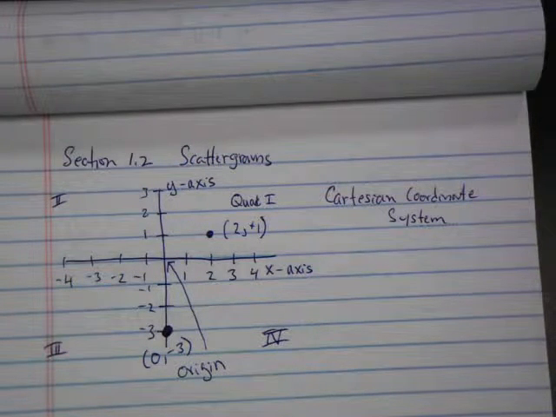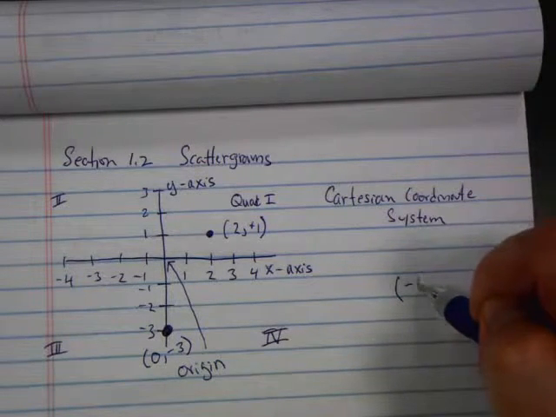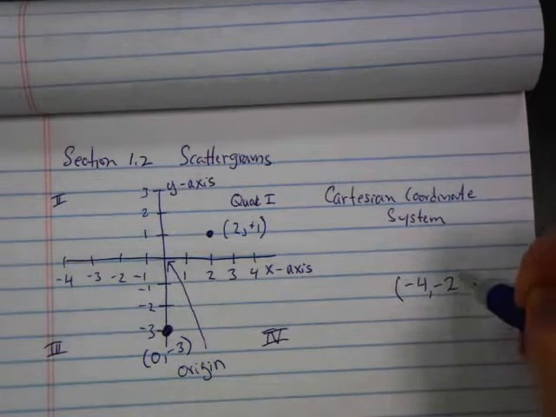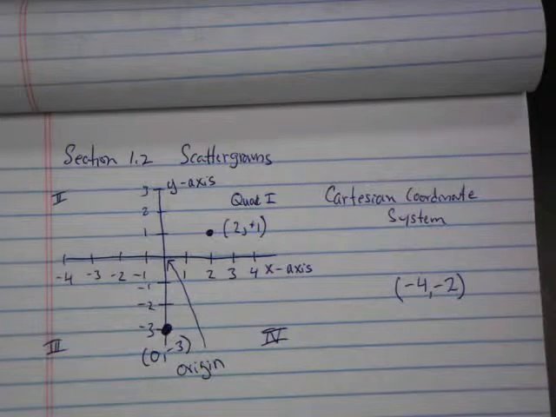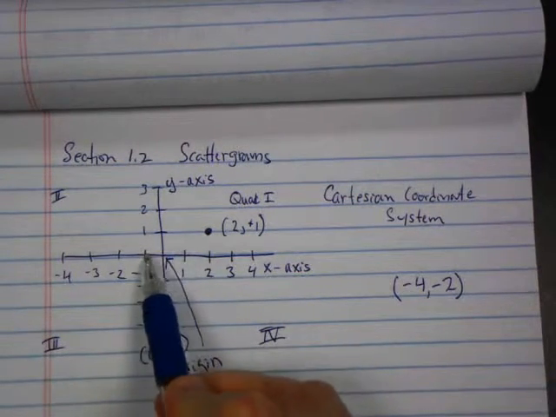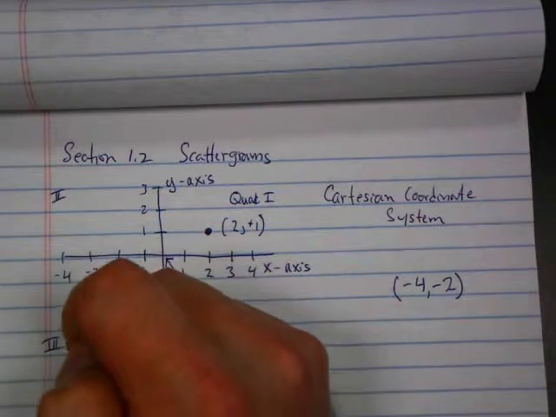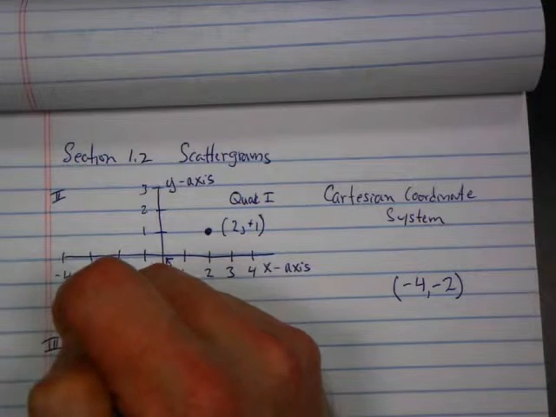I said negative 4, comma negative 2, so it's over and down. Over 4, left 4, and then down 2. So the point negative 4, negative 2, I would start at the origin, go left 4 and down 2. So negative 4, negative 2 would be right there.